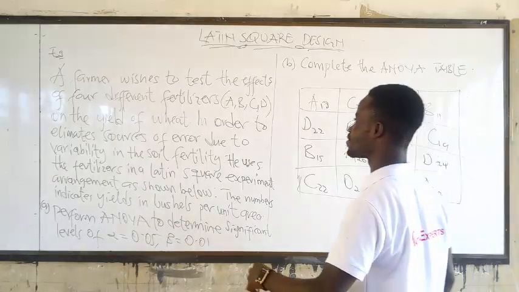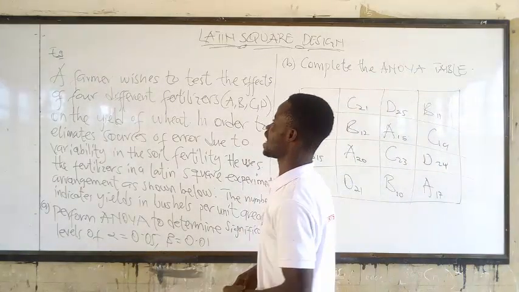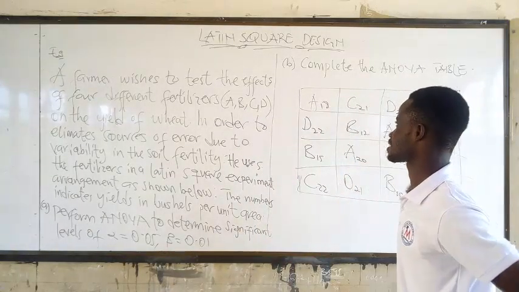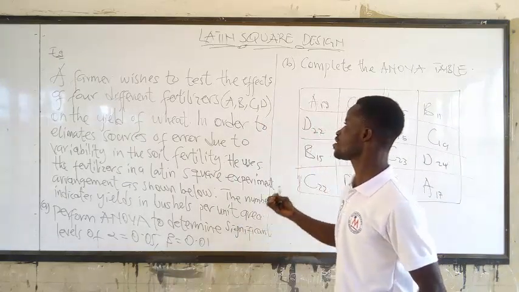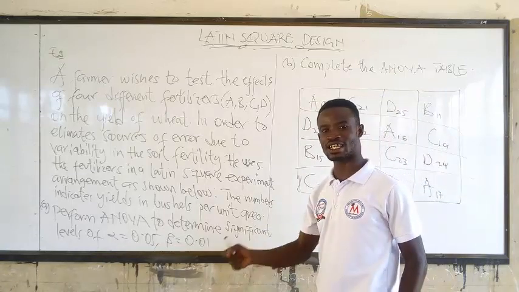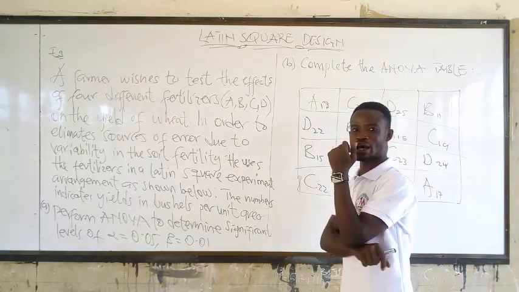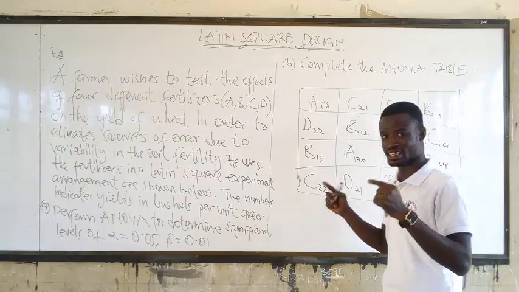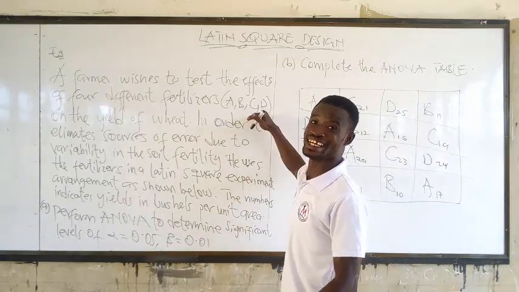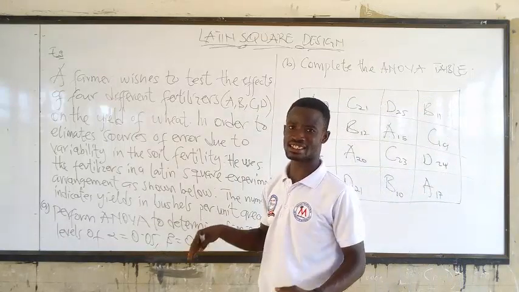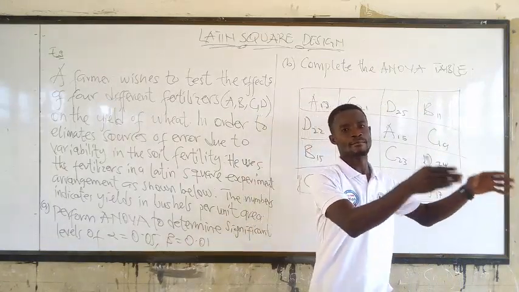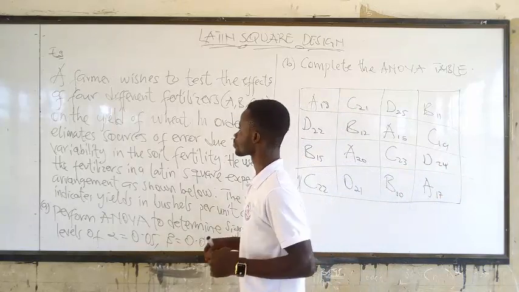Alright, so we have a question on the board. A farmer wishes to test the effects of 4 different fertilizers. And we have fertilizer A, fertilizer B, and fertilizer C. Remember, and lastly fertilizer D. Remember, these 4 fertilizers are the treatments. Good.